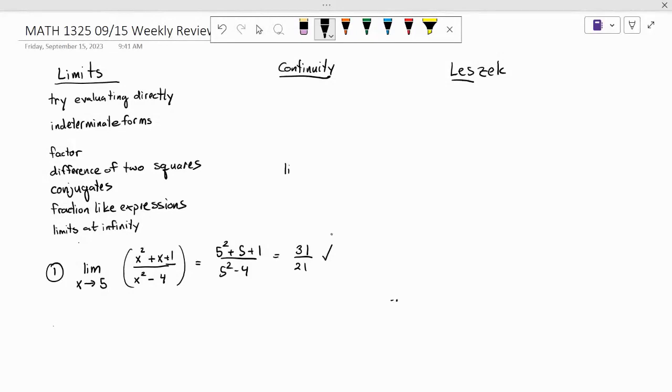So sometimes you'll get something like, x is approaching 5, and we're interested in... so if you try to evaluate directly, what would you get?